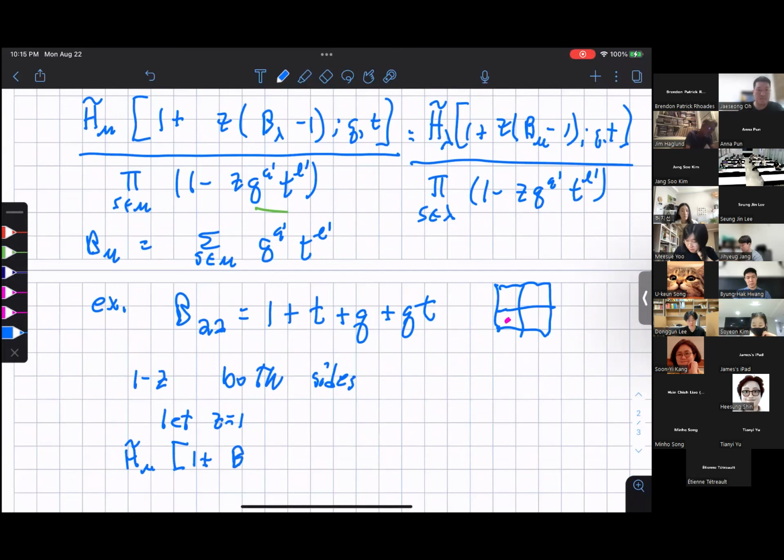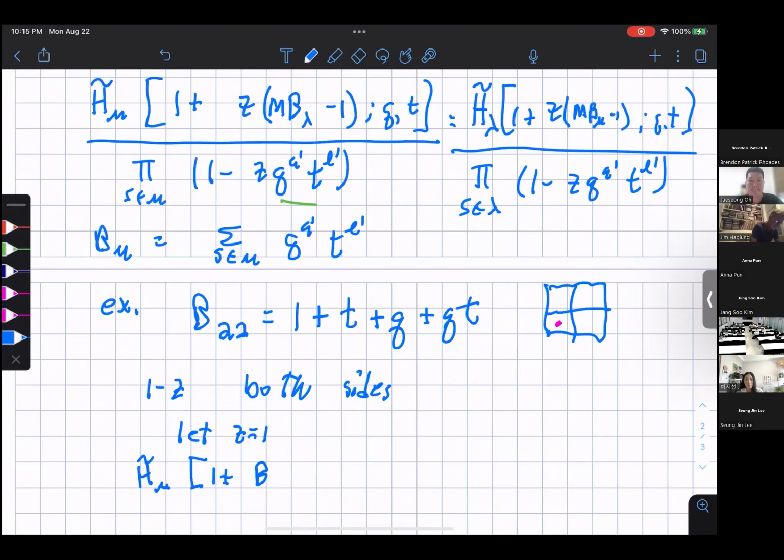Oh, this isn't going to work. I forgot an important part of the identity. B lambda times capital M minus 1.